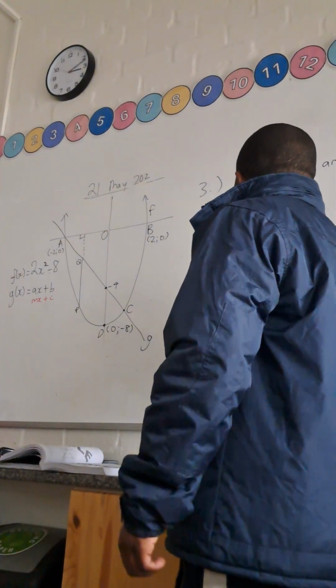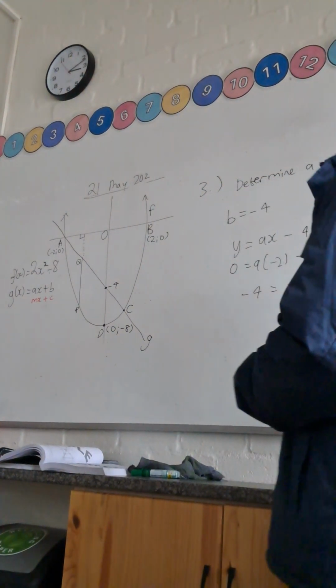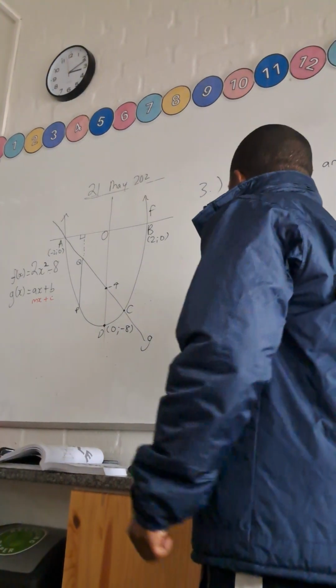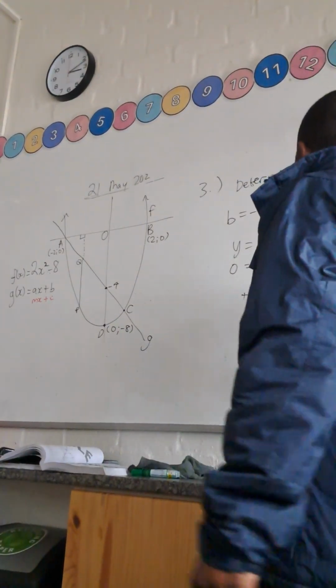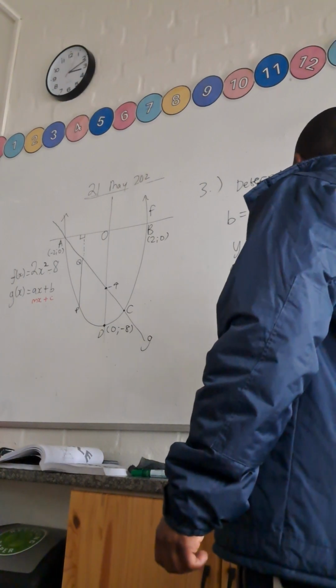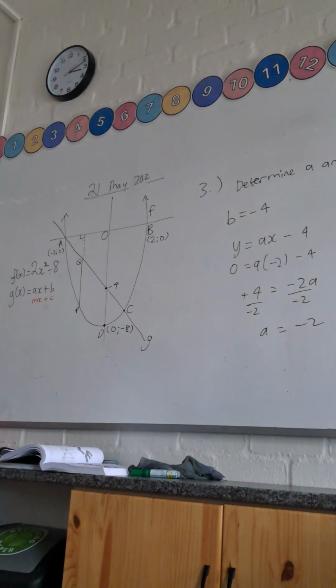So this is going to become minus 4 is equal to minus 2A. Wait, this is positive, because I did change that sign. So we divide both sides, and we get the value of A is negative 2.